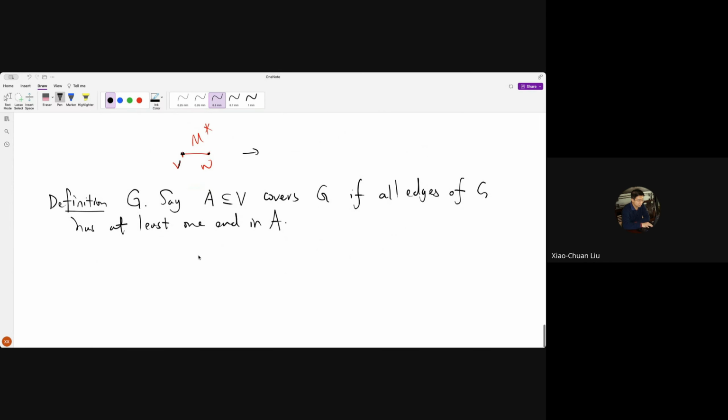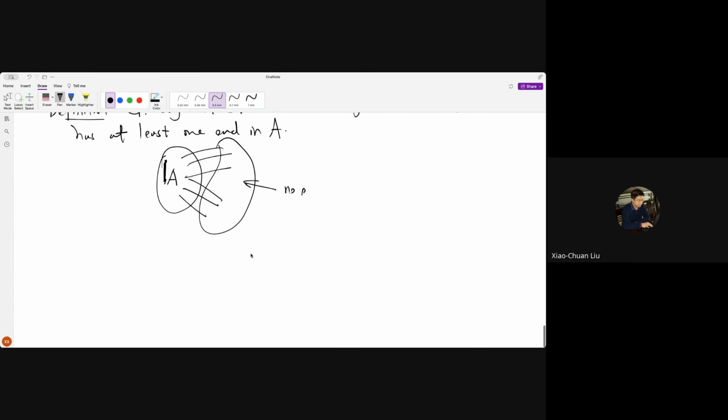So you find a vertex subset, and there is no edge here, no edge here. All edges must have some relation to A, and maybe both ends are in A. It's fine. So we say A covers G if all edges of G have at least one endpoint in A. There is a theorem I want to explain, but the proof is a little involved.